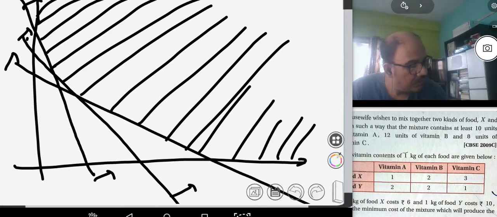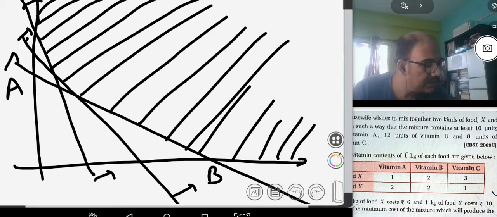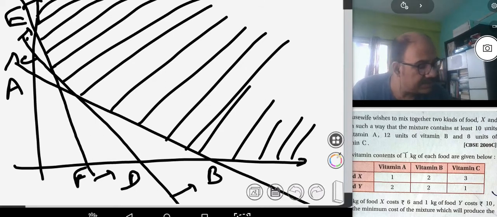So this is one point. So the first line was AB, then the second line was CB, and the third line is E and F, and the intersection points. This is one point. This is another point.